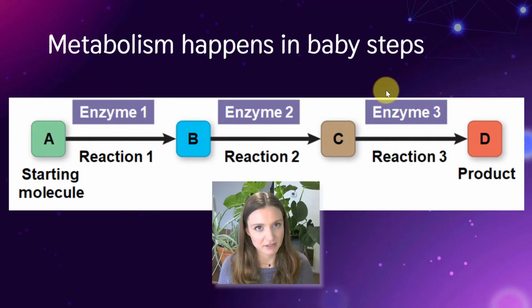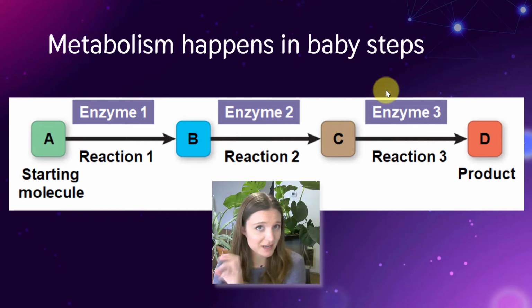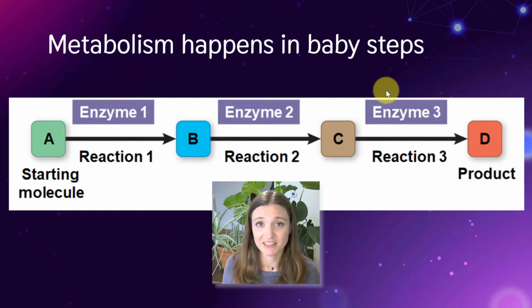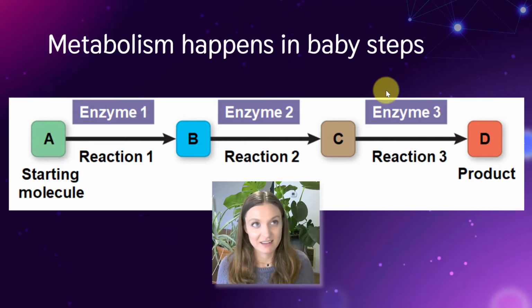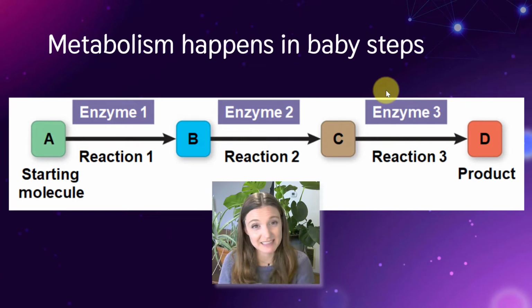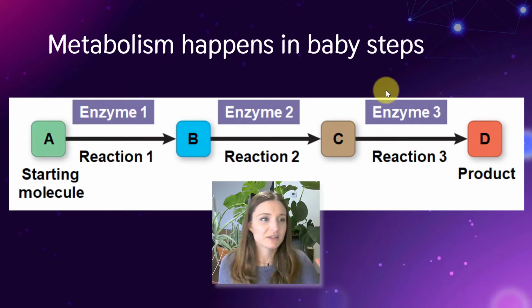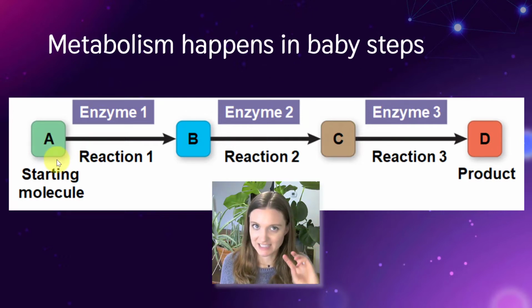But the key to remember here is that even though we might have this big chemical reaction of glucose and oxygen getting broken down into carbon dioxide and water and producing energy in the process, that process of cellular respiration, that process in all chemical reactions within cells happen in smaller steps that in sum give us a larger overall chemical reaction.